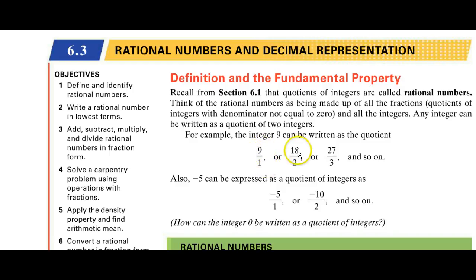It could be 18 over 2 or 27 over 3 and so on. And negative 5 can be represented as negative 5 over 1 or negative 10 over 2 and so on.